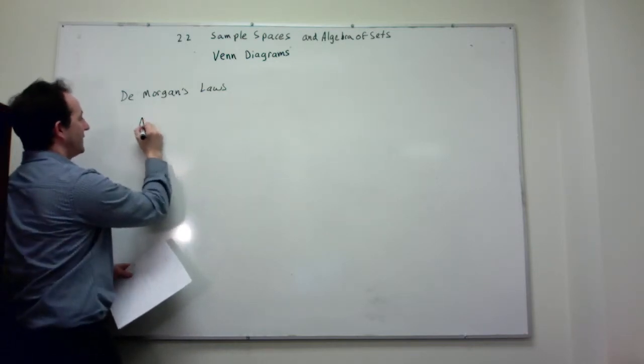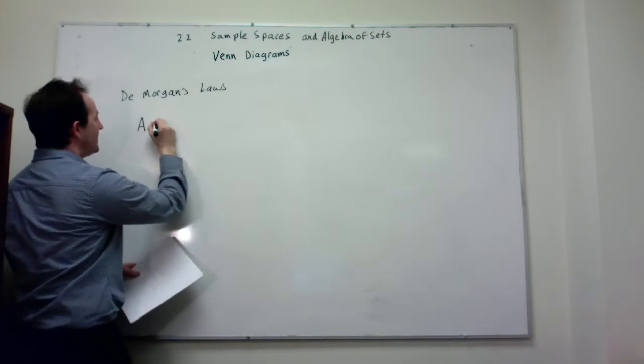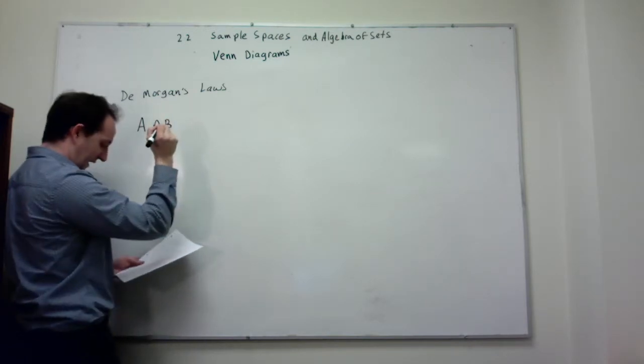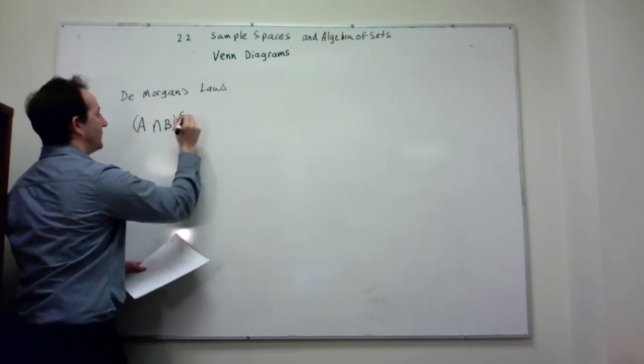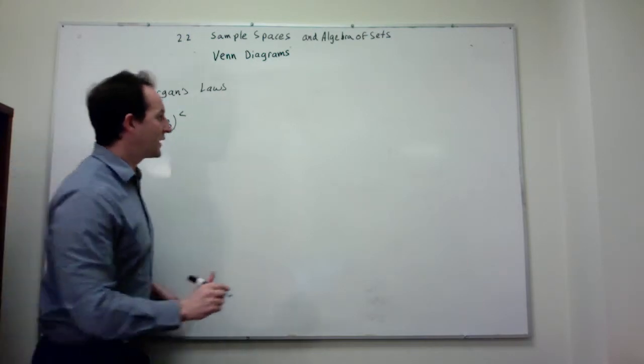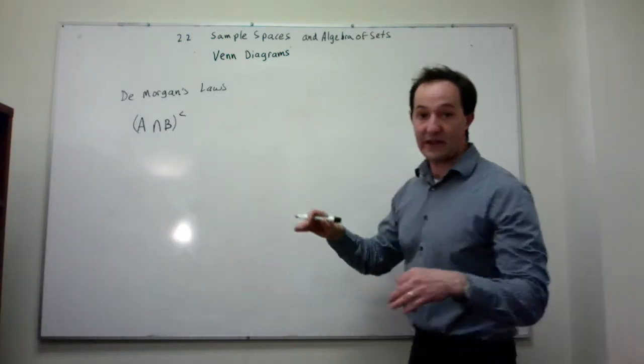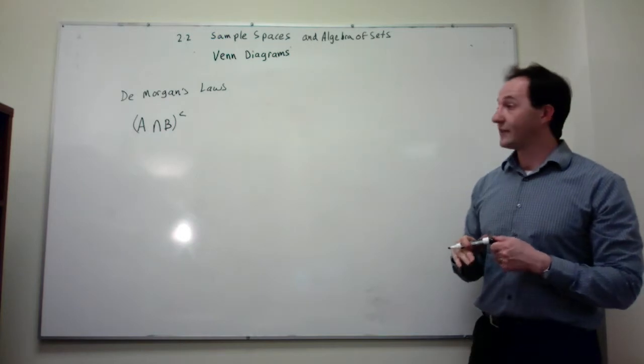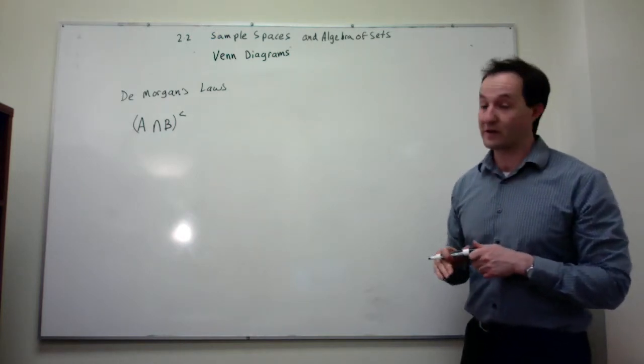So what this says is the following. A union B, A intersection B complement. De Morgan's law is a way of taking this statement about intersections and turning it into something about unions.